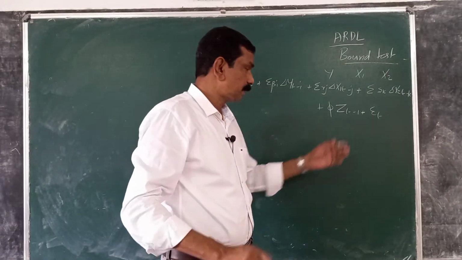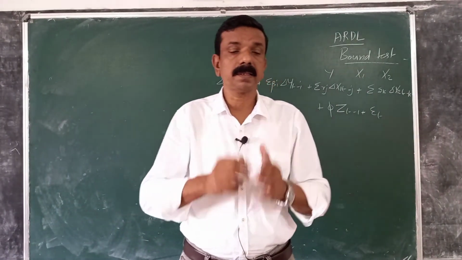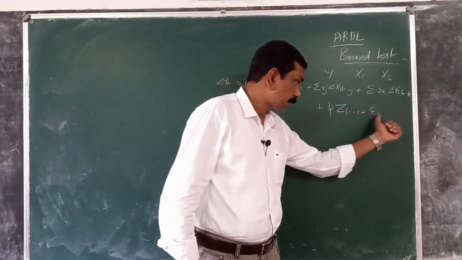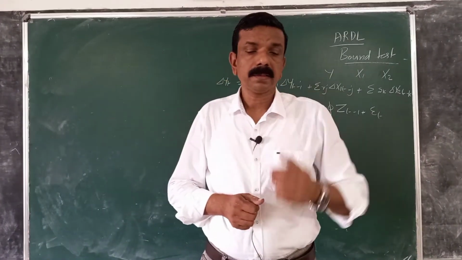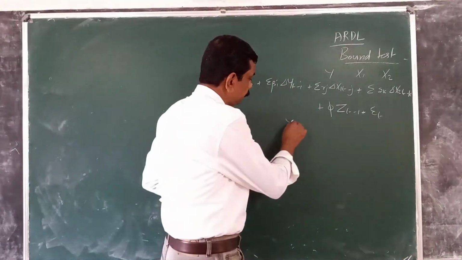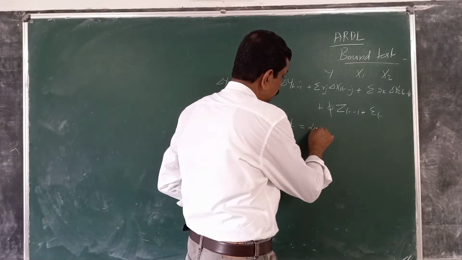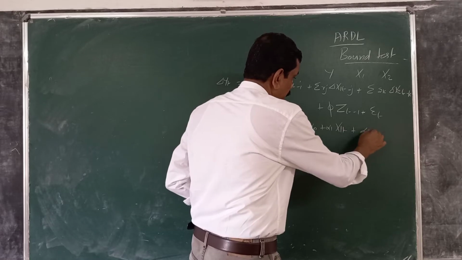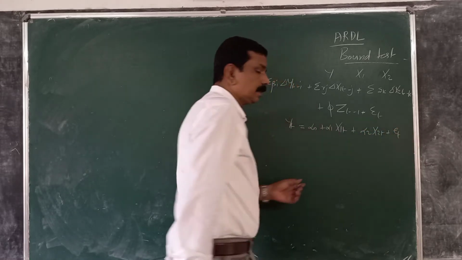And as we have seen earlier, z is the error correction term, obtained from the OLS residuals in the co-integrating regression yt equal to alpha 0 plus alpha 1 x1 t plus alpha 2 x2 t plus et.